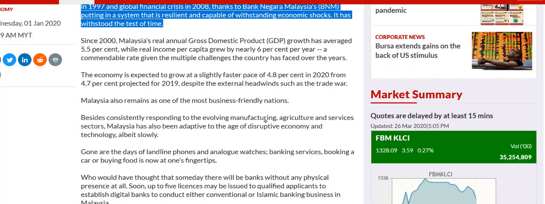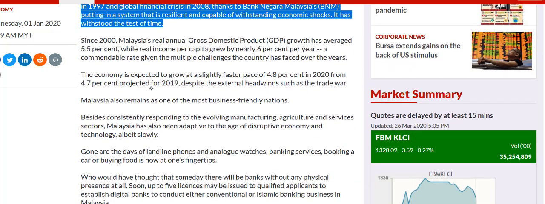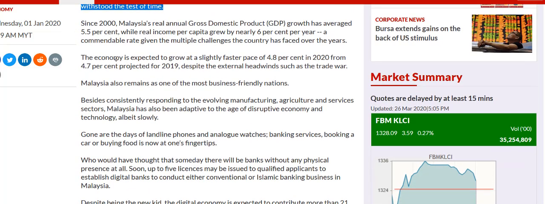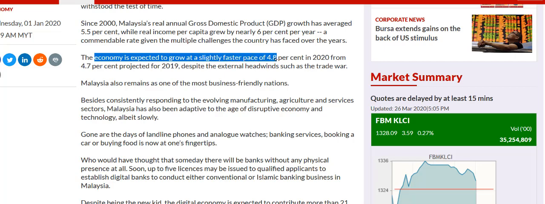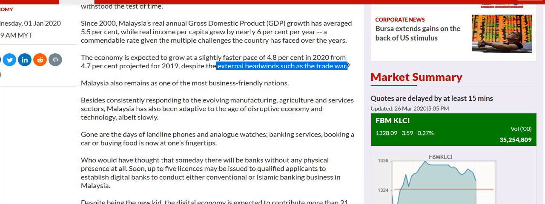And then they are talking about what will happen in the economy. And they say that the economy is expected to grow at a slightly faster pace of 4.8% in 2020 from the 4.7% projected in 2019, despite that there was a trade war.